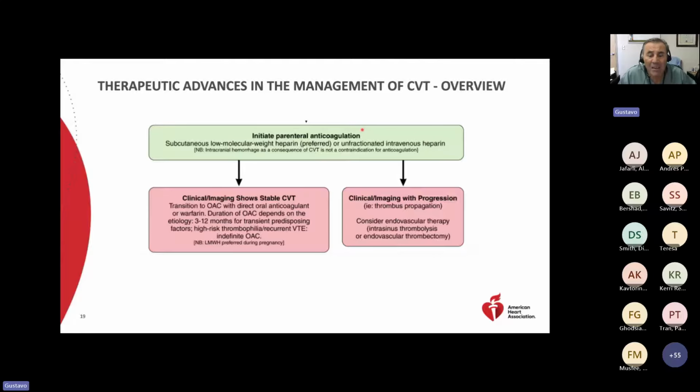The different strategies could be intrasinus thrombolysis or intrasinus endovascular thrombectomy, or, as a life-saving procedure, decompressive craniectomy for large venous infarctions. This is important because it's unpredictable, and some patients, even with cortical vein thrombosis, may evolve with progressive neurological deterioration.